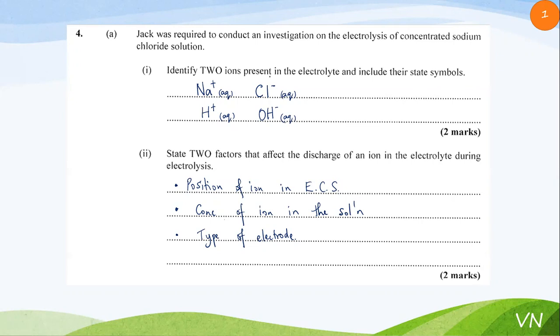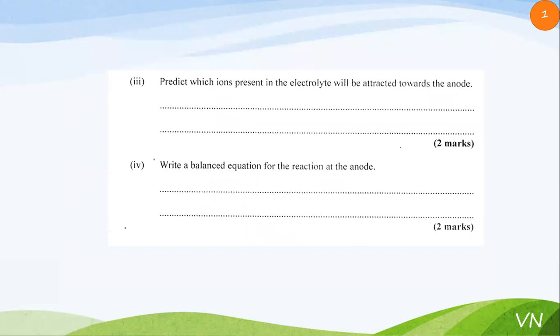Remember at the anode, we're going to have the anions being attracted towards the anode. So the answer there is going to be the chloride ions and the hydroxide ions.